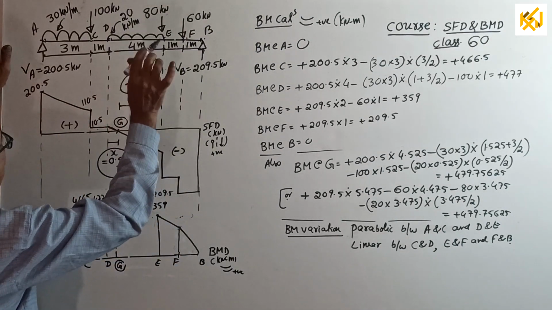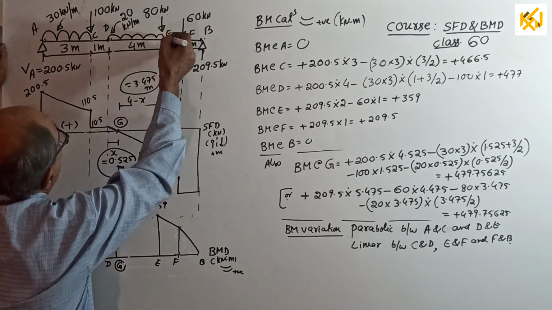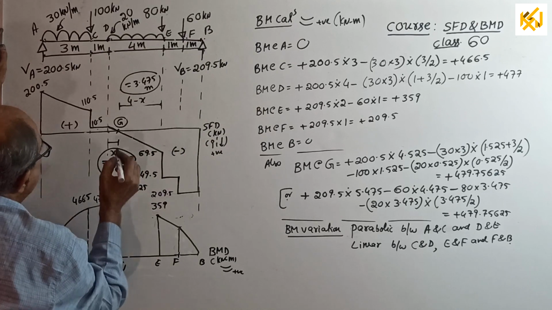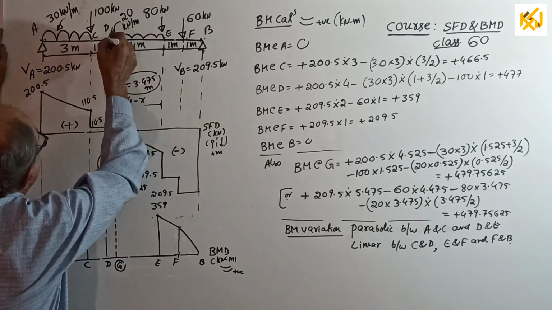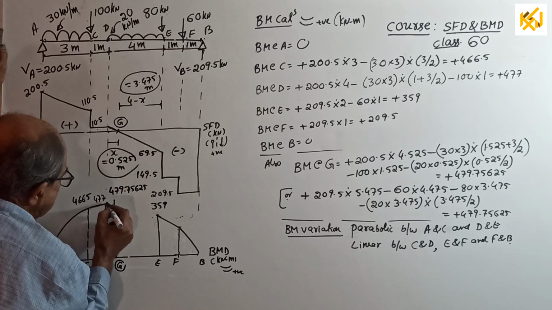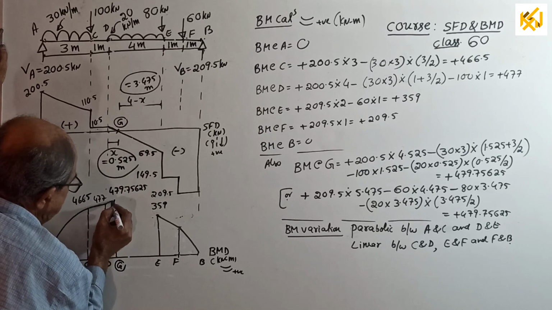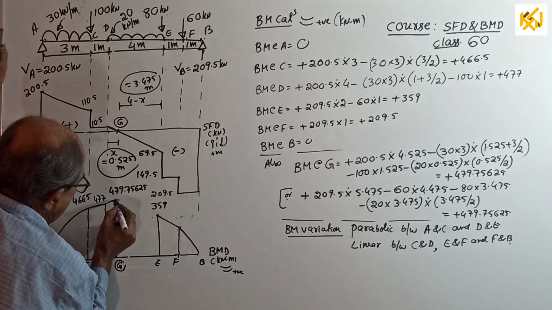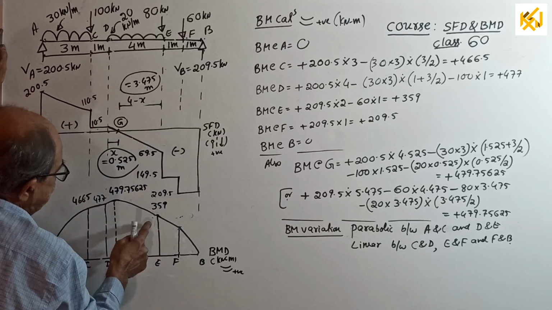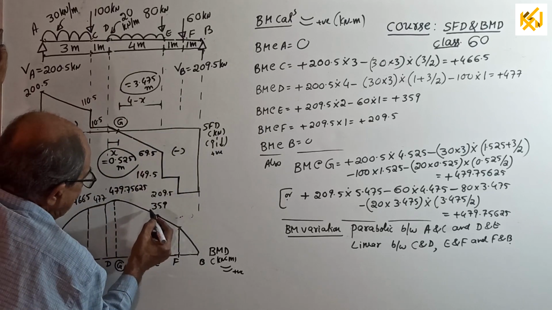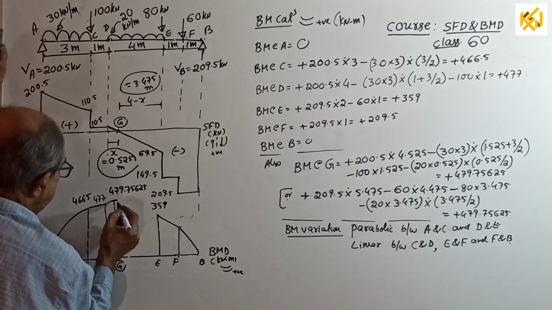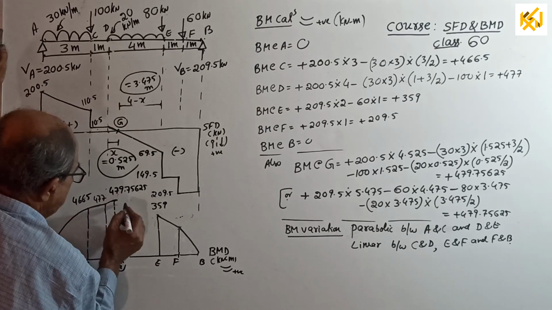Then lastly, from D to E, we should see a single parabola, and the slope is, see, at this point shear force is 10.5. Whatever the slope for this line, the same line slope, so tangentially it will go, reach the peak value and then drop back. And on this side, shear force is 69.5. If you draw a tangent here, see, 479.5 is very nearby.